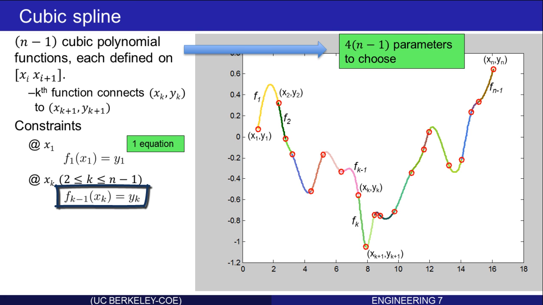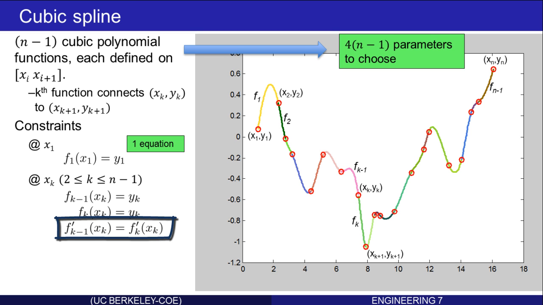The k-1th function at xk should equal the data, as it does. The kth function at xk should also equal the data, as it does. Moreover, the slope of the k-1th function at xk should equal the slope of the kth function at xk. And certainly in this diagram, the slopes appear to be equal, both fairly steep at that point.